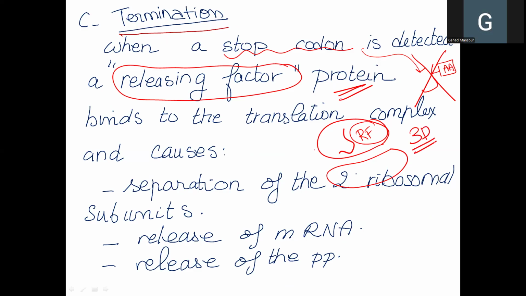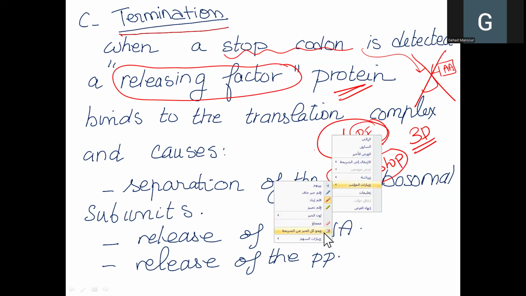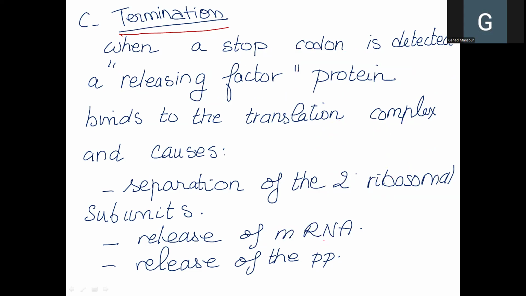I don't mean the chemical composition, a 3D structure that looks like a transfer RNA, and therefore it can sit onto the large ribosomal part and attach to the stop codon. This is very interesting to know: the releasing factor is a 3D molecule that has almost the same 3D shape, not chemical structure, as the transfer RNA.